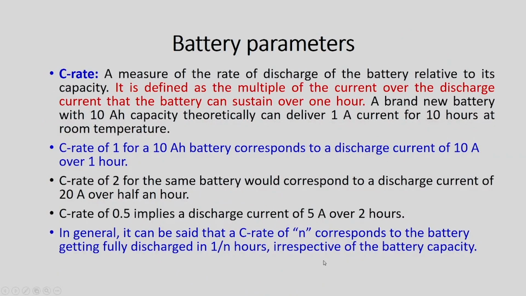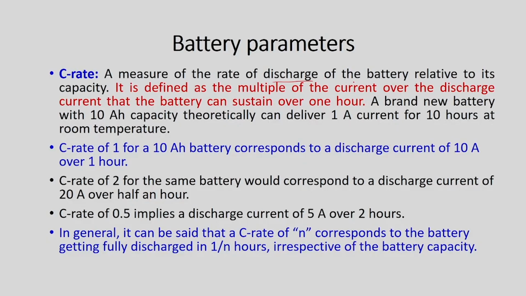Now, one more very important parameter called C rate. This C rate is a measure of the rate of discharge of the battery relative to its capacity. It is also defined as the multiple of the current over the discharge current that the battery can sustain over 1 hour.